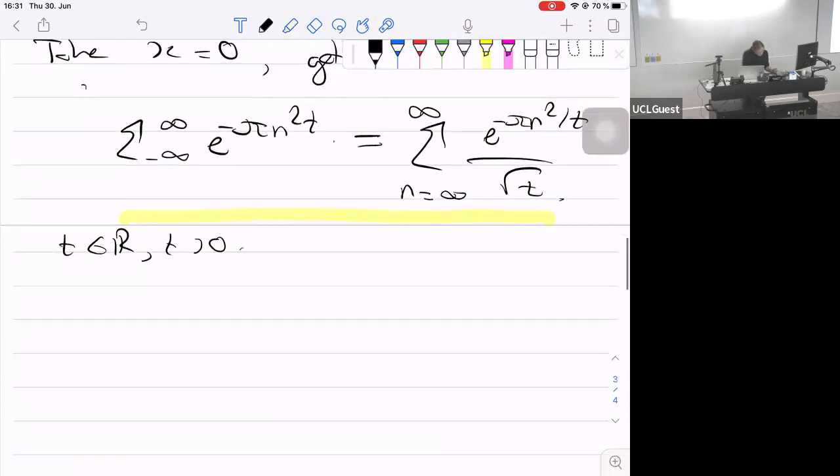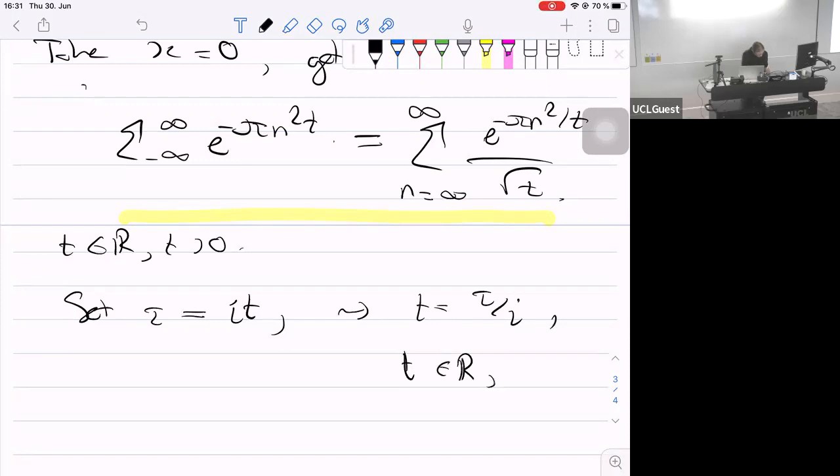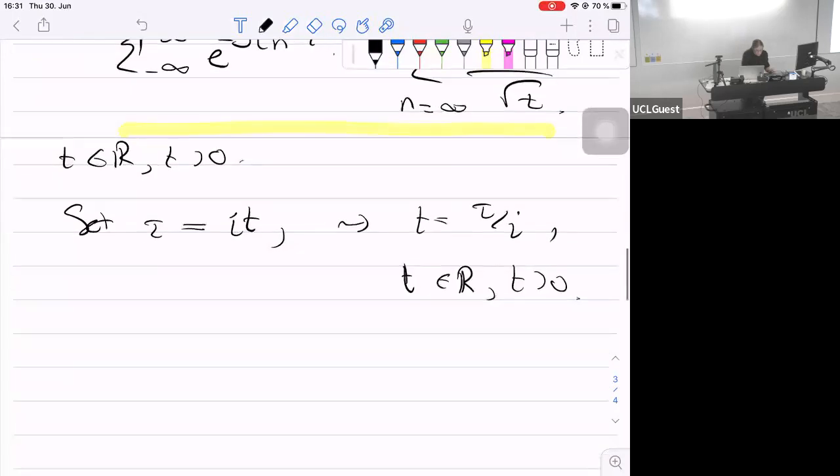So now if we set tau to be it, or in other words, t is tau over i, then tau is lying on the imaginary axis, and we take t to be a real number, t greater than 0.